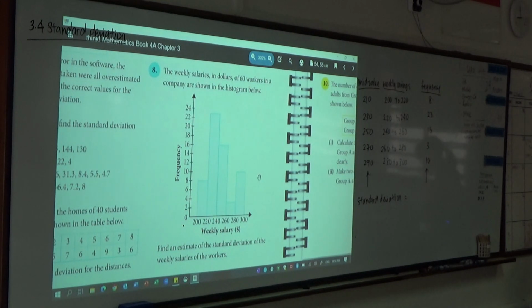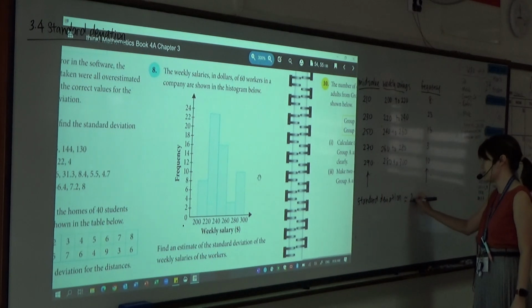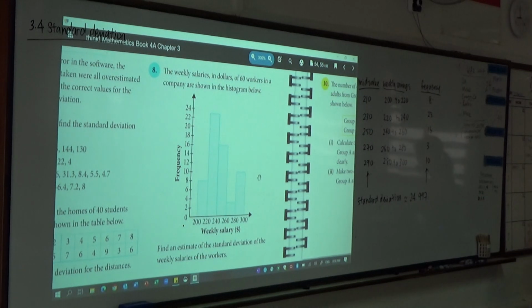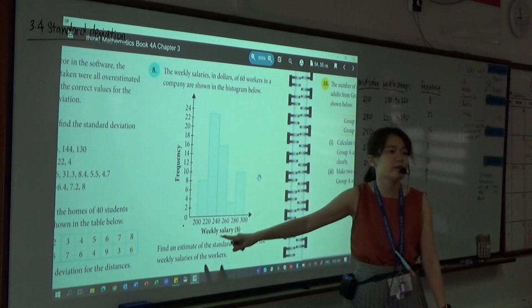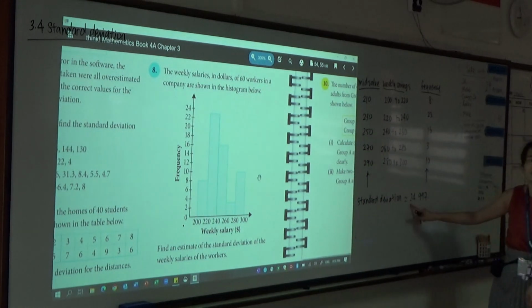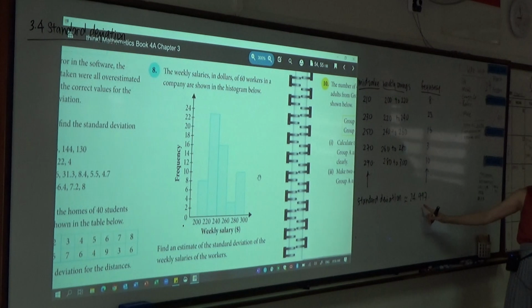Able to get the value in truncated 5SF to be 24.997. Why am I bringing out the truncated 5SF? Because I want to emphasize that in this question we're talking about money, about salary. So with this value, you should be rounding off to the nearest 1 cent, so 2 decimal places in this case.